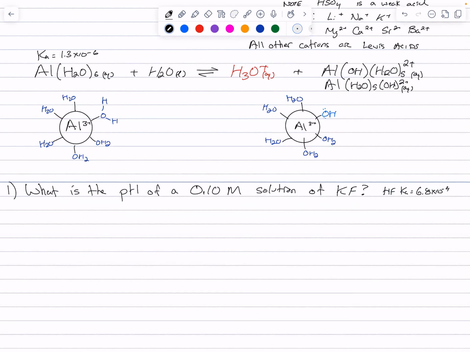Well, we recognize, first of all, that K is neutral, and fluoride is a base. So we would have F minus plus water going to HF, hydrofluoric acid, and hydroxide.